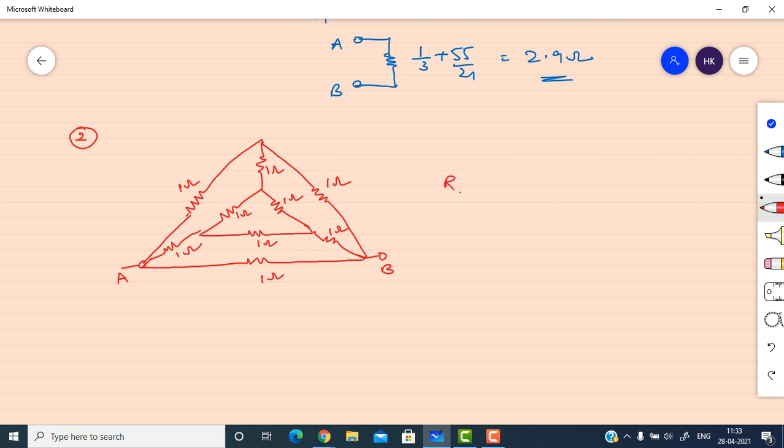Find the equivalent resistance between A and B, R_AB. So this also you can use the delta to star and star to delta conversion, and you can reduce the network. All are 1 ohm resistors only. So try to solve it. If you can't, I will explain it tomorrow in the next class.